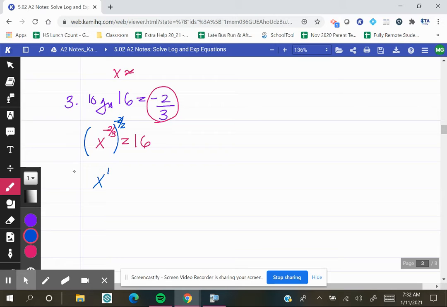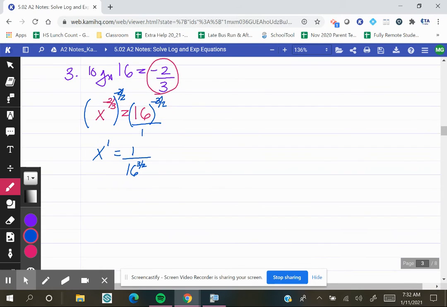So now I need to raise this side as well to the negative 3/2 power. So let's go through this to review our exponent rules. So I have a negative exponent, so that tells me I take the reciprocal of it. So since it's in the numerator, it's going to now go to the denominator. So it becomes 16 over positive 3 over 2 now. And now I have power over root, power over root.